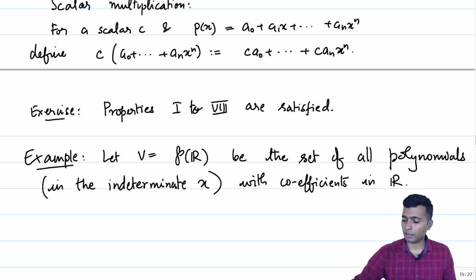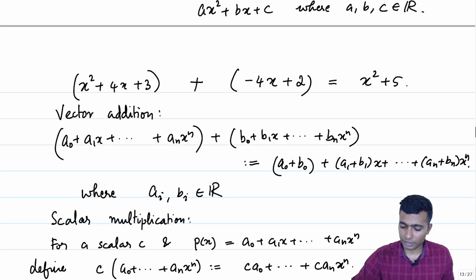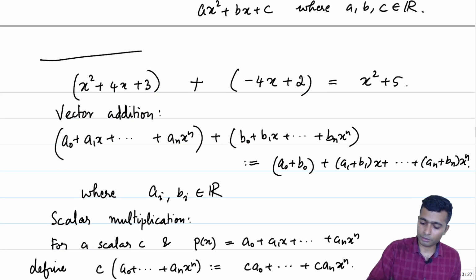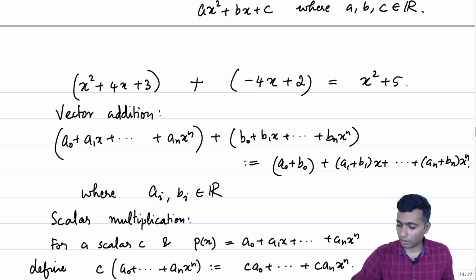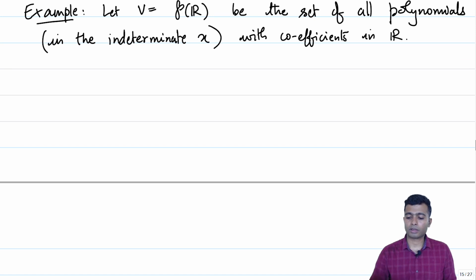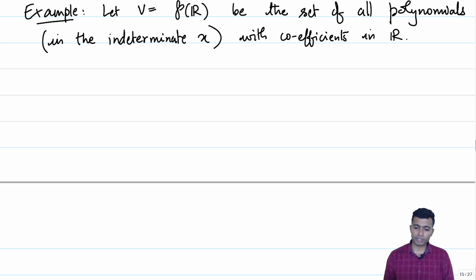So, how do we define addition? We have already given you a glimpse of how we define the addition. I will not write it down explicitly. We can add any two polynomials. We can also talk about the multiplication of a scalar to a polynomial. We get back polynomials, right?